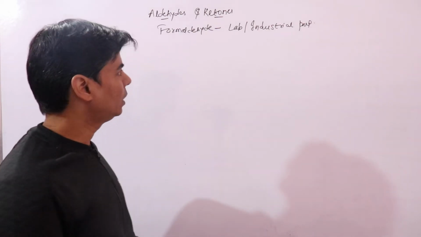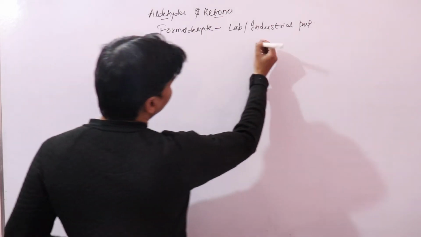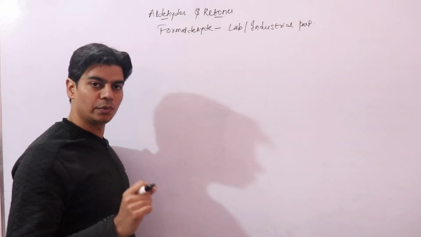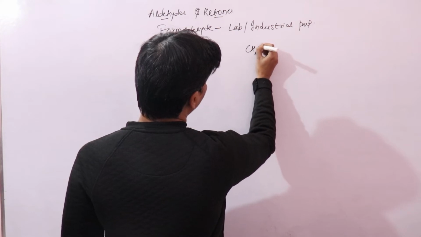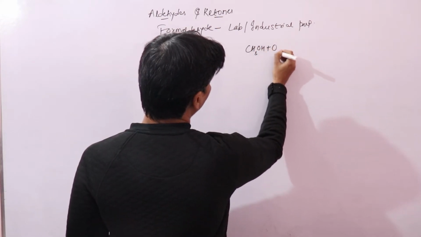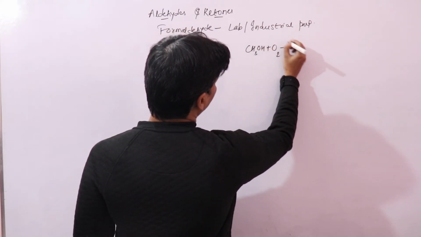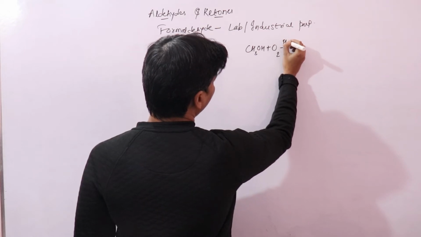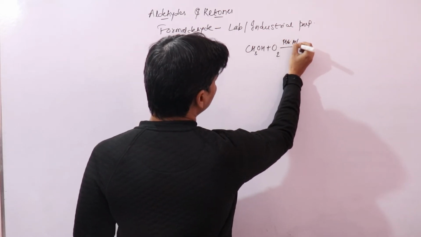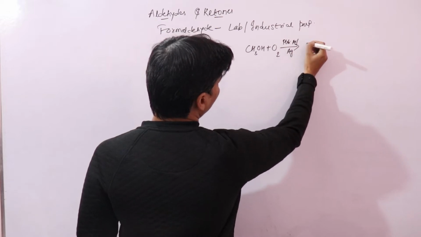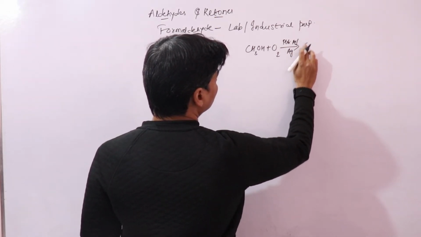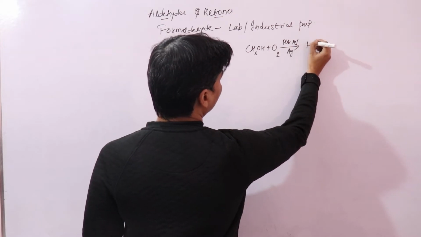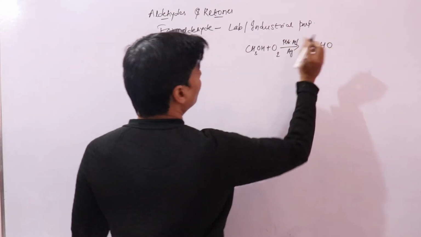So let me just write down the equation, then we'll look into its lab setup. CH3OH plus oxygen, passed over platinized asbestos or silver, will form HCHO.